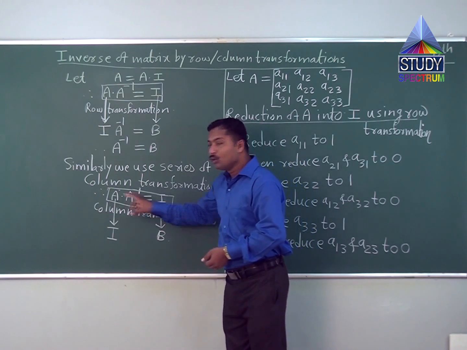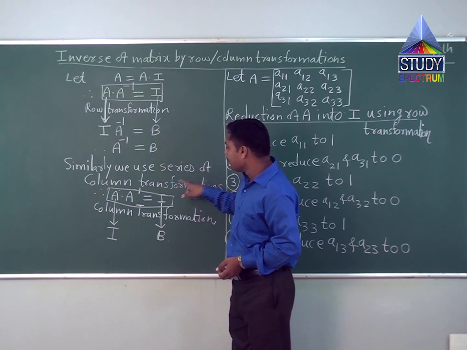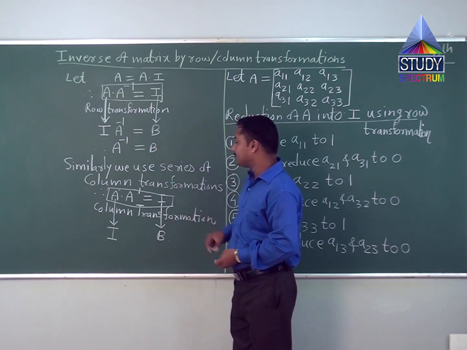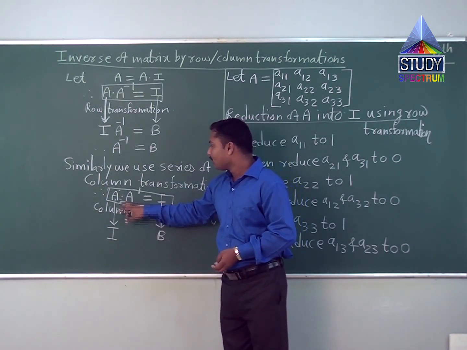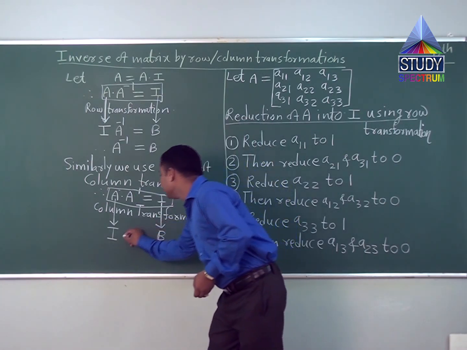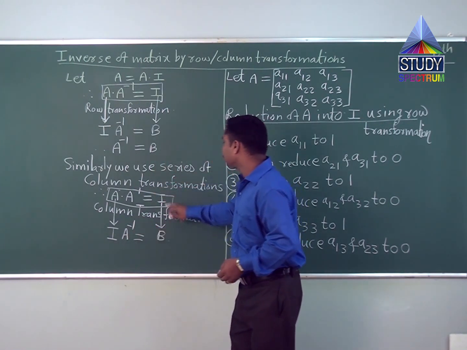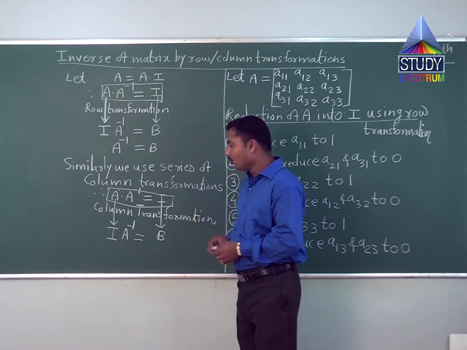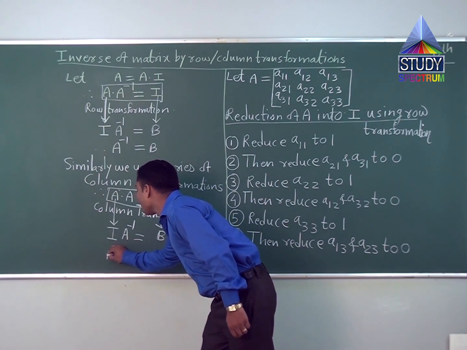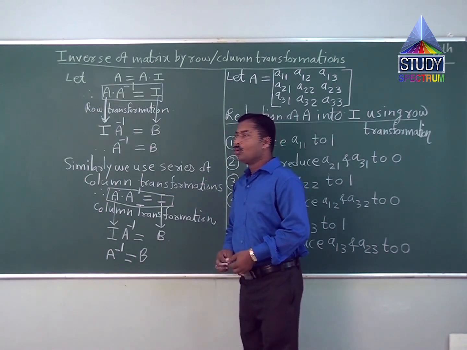Means when we use a column transformation on this square matrix A, simultaneously column transformation operates on this identity matrix, so that A is converted into identity matrix and A inverse stays as it is, equal to this identity matrix converted to B. But I means 1 into A inverse, so A inverse equal to B.